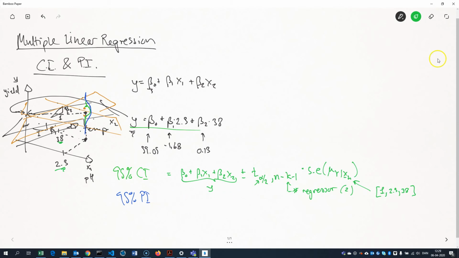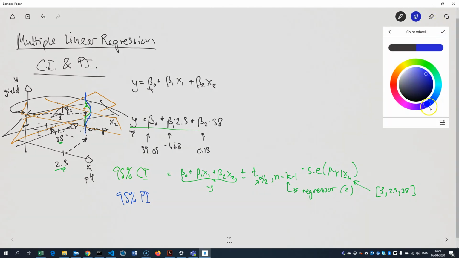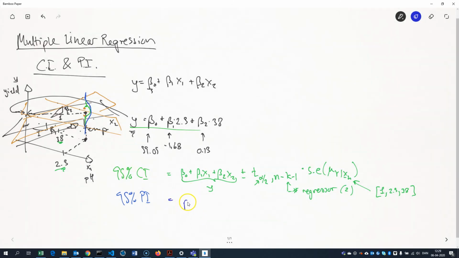And for the prediction interval, we have the same most probable yield, which is computed in the same way. x1 here is 2.3, and x2 is 38. Again, same thing up here, 2.3, 38.